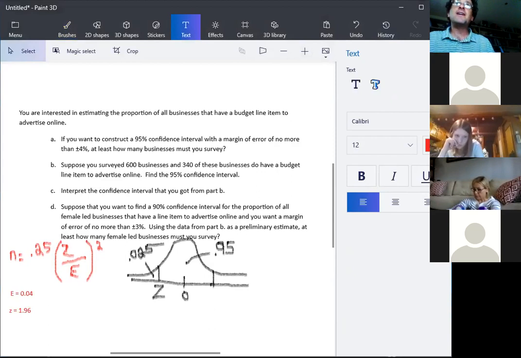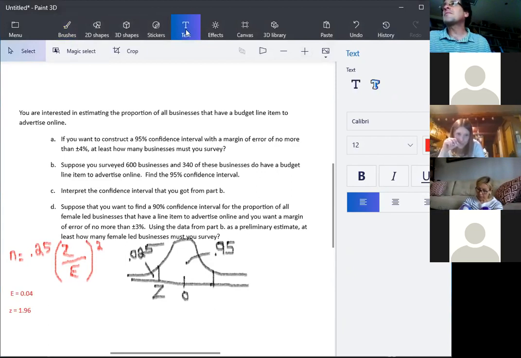Any questions on that? If you get 600.25, we want to be a little more conservative because we want a smaller standard error. You always round up. So 601 is the answer.